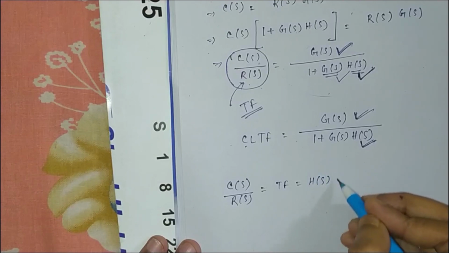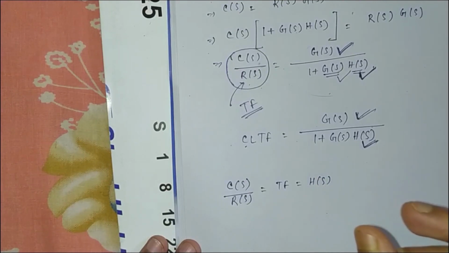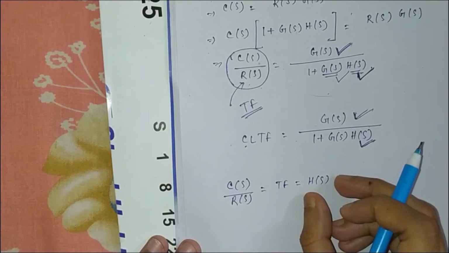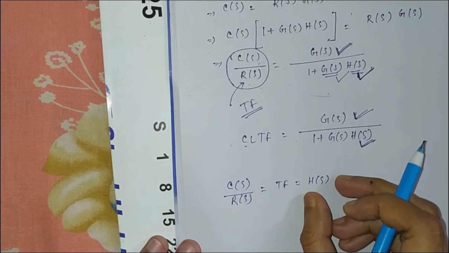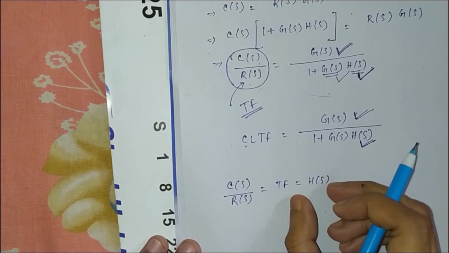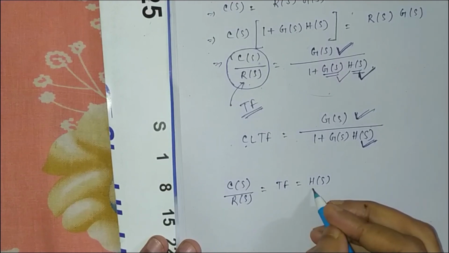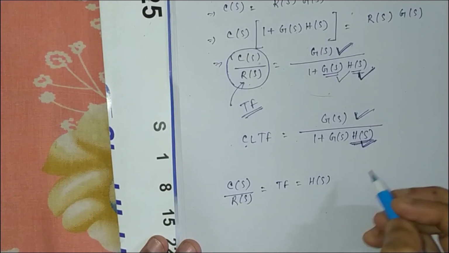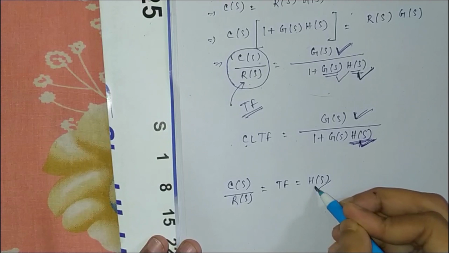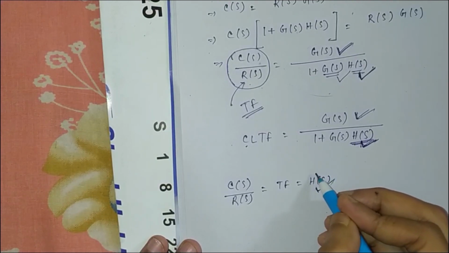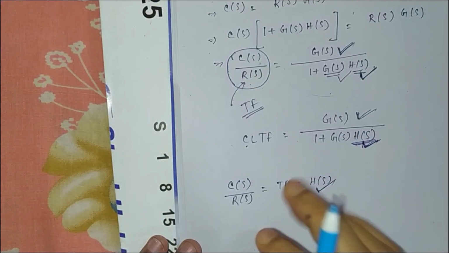This H of s is the notation of the transfer function. This is the terminology of my transfer function. This is not the feedback path gain. This is different. This is my notation for the transfer function I am using.